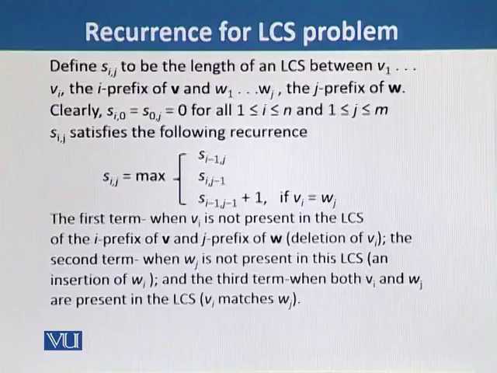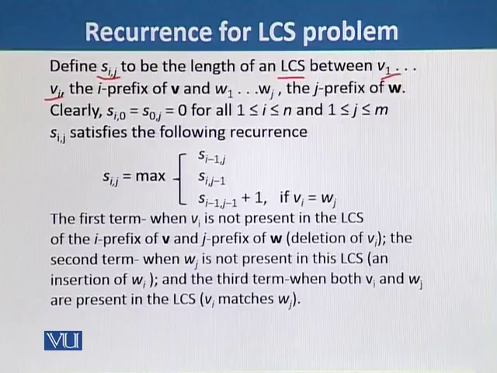So if we define Sij, any vertex in the graph, to be the length of the longest common subsequence between V1 up to Vi, the i prefix of V, and W1 to Wj, the j prefix of W, then Si0 and S0j are equal to 0.